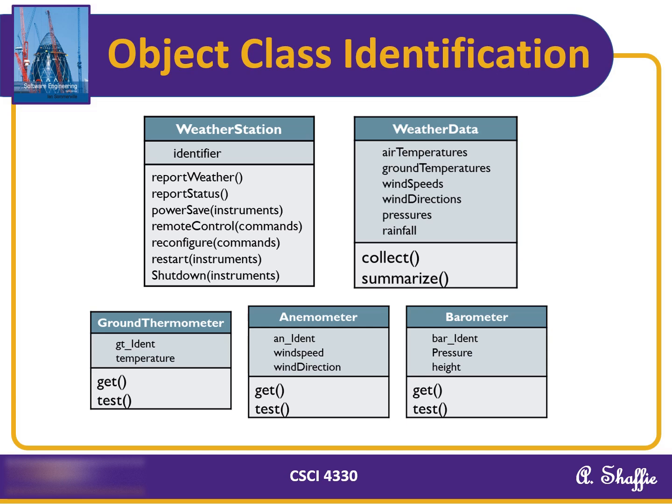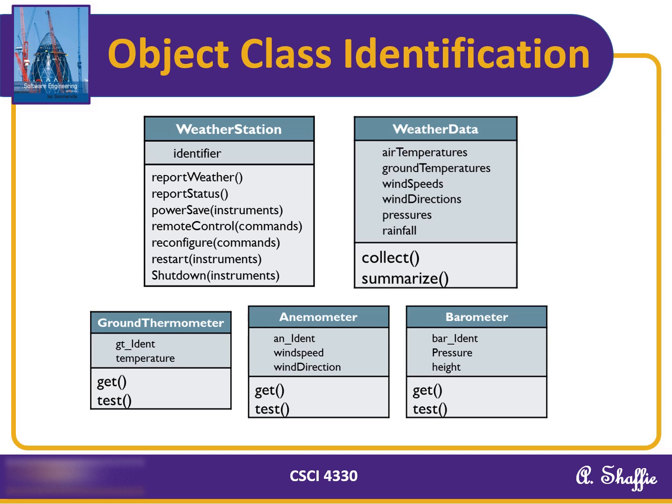Next is the weather data class, which processes weather reports. It collects and summarizes sensor data such as temperature, wind speed, rainfall, and more, sending this information to the weather information system when required. Finally, we have specific sensor classes, including ground thermometer, anemometer, and barometer.